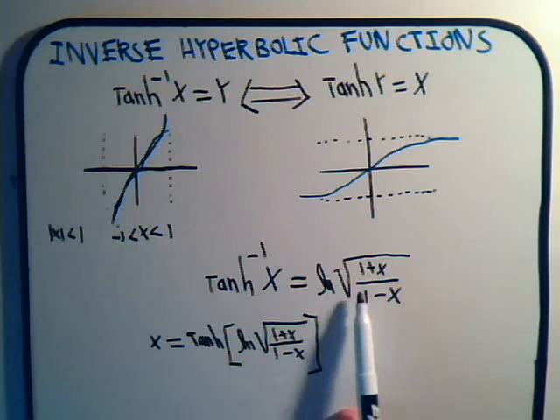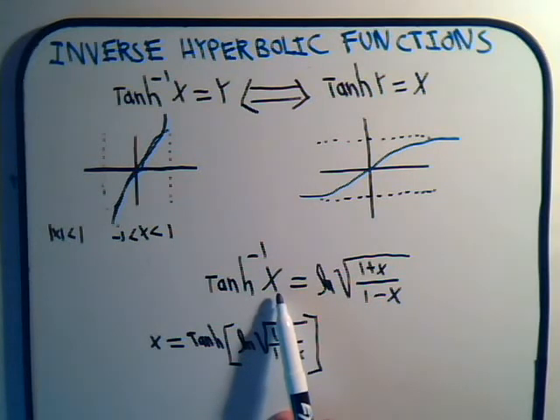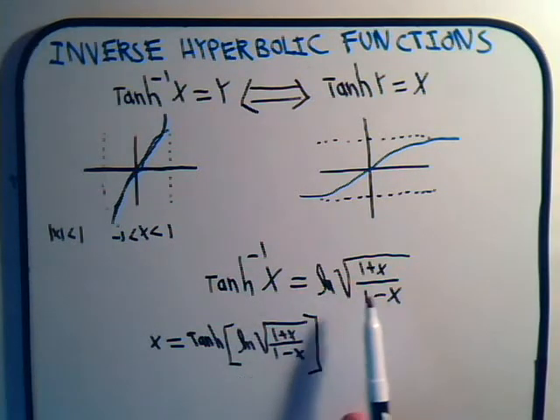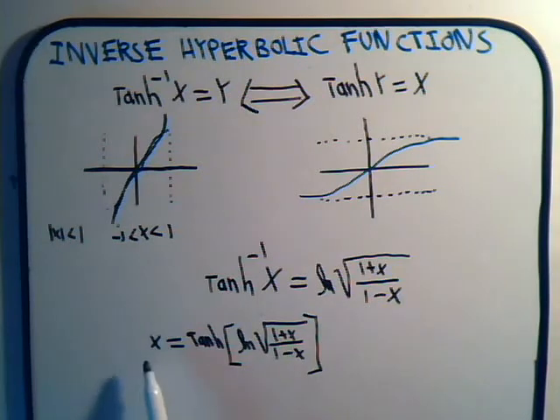So if indeed this is true, then if we take the hyperbolic tangent of this function here, that should simply be x. And it might take a while to grind through all of that. We probably won't have time to check it out in this video, but come back and join us for the next video when we will go through that exercise and then see if indeed that does give us x.